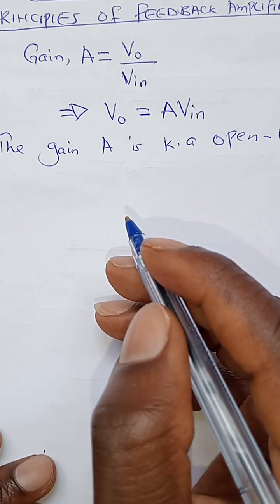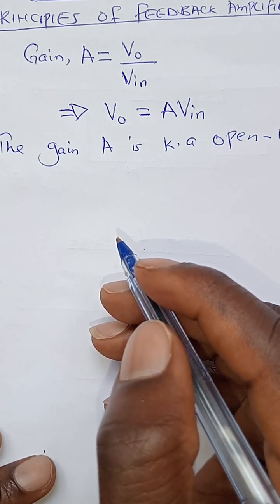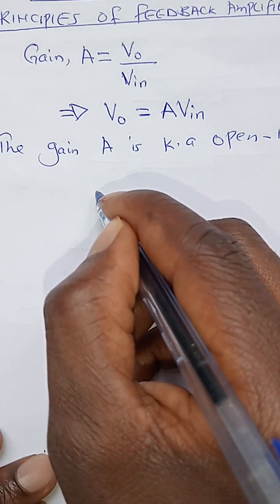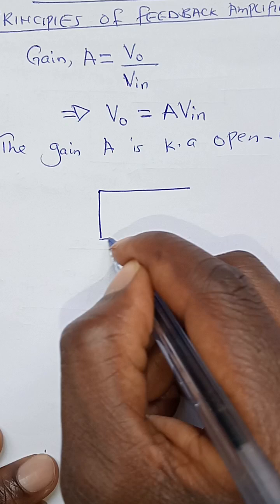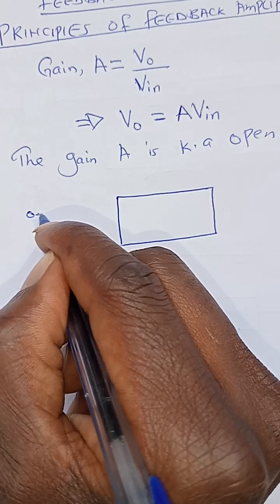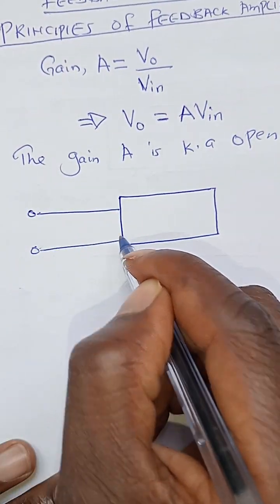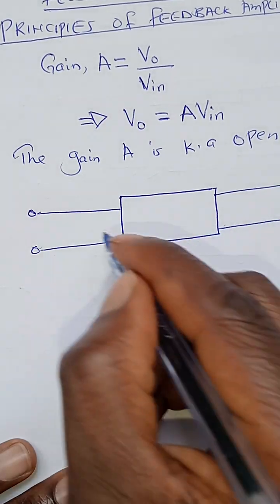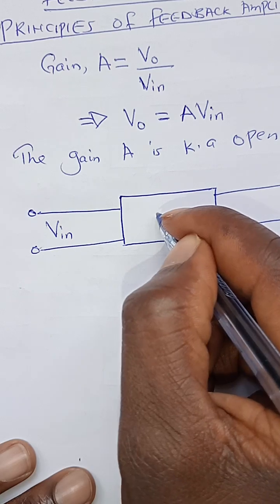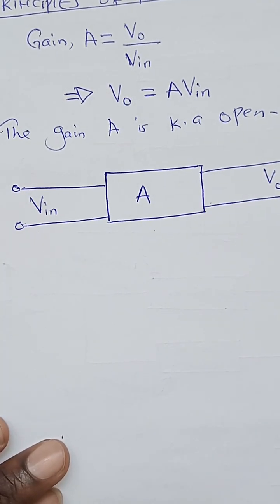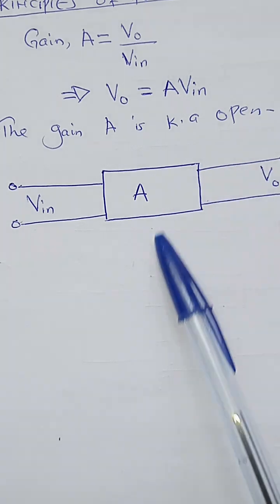Now, suppose a feedback loop is added to the amplifier. Let us assume you have this kind of circuit. You have the input energy here, you have the output, and this is amplified with gain A. This one is just known as the open loop gain.